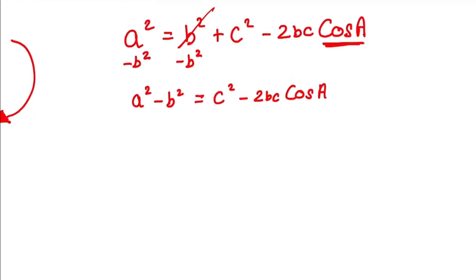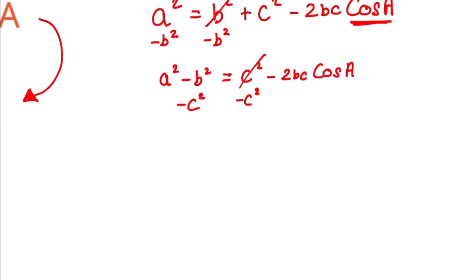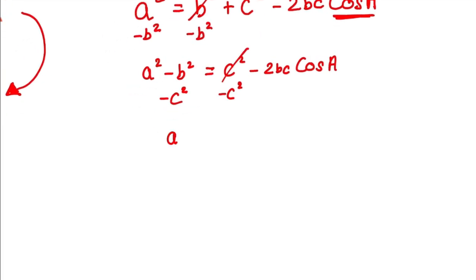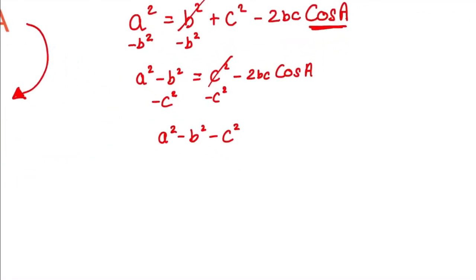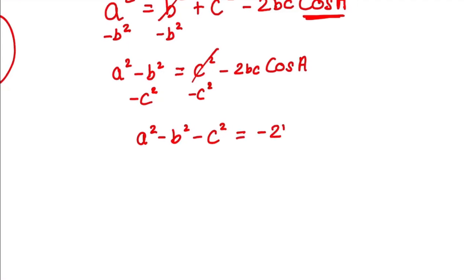Okay, let's get rid of the c squared. At the moment, it's being added. So let's subtract c squared from both sides. That's going to leave us with a squared minus b squared minus c squared, equal to minus 2bc cos a. And remember, all of this is being multiplied.